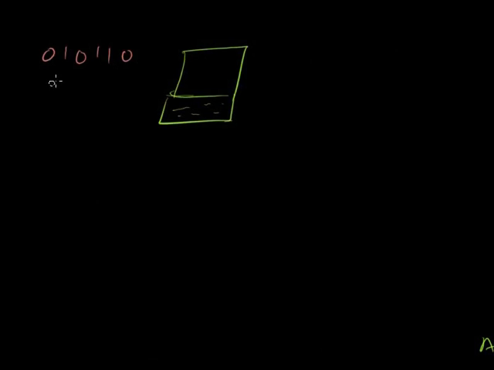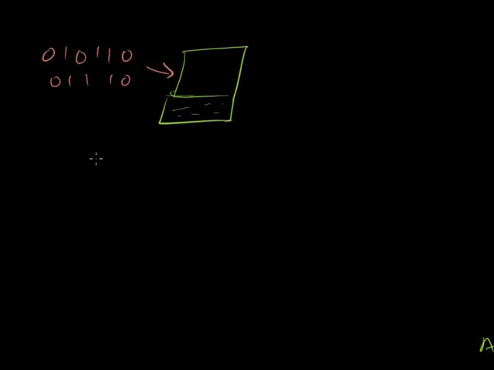Numbers done, alphabets done. What about programming languages? How are they represented by the computer? Let's say we have a computer here. My drawing is not so good, so I'll assume that this is a computer. It only understands 0, 1, 0, 1, 1, 0. Only the binary language.